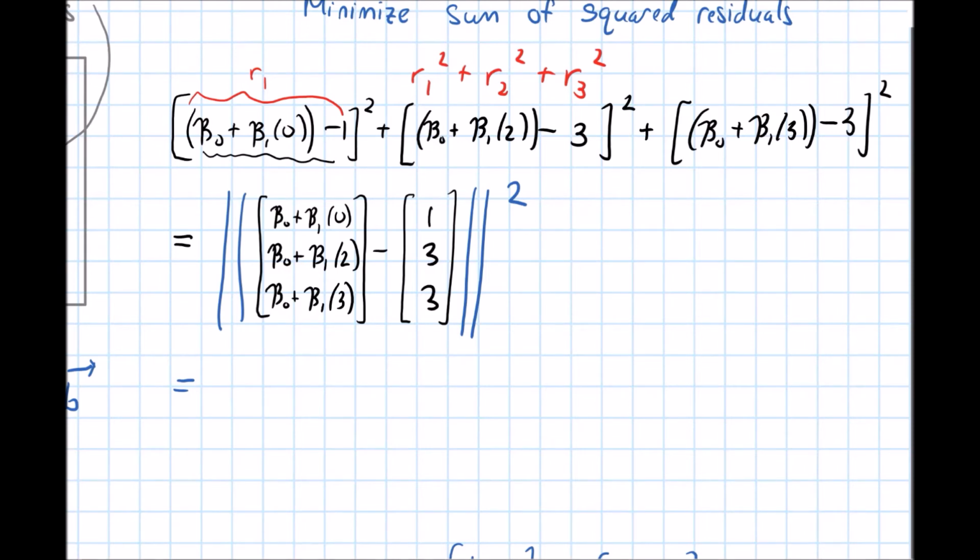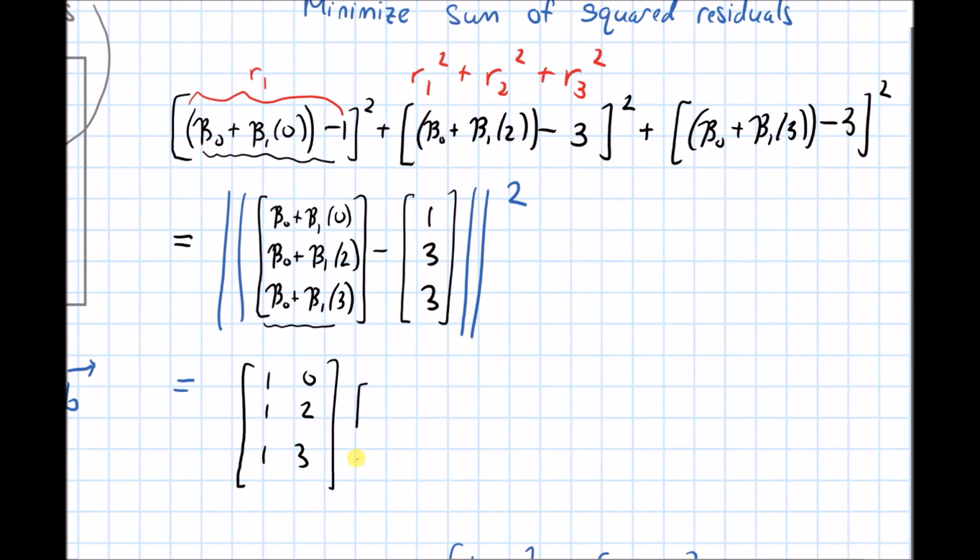All right, so next, we can rewrite this in a matrix format. This will end up being the matrix with columns 1, 1, 1 and 0, 2, 3. We're taking the coefficients of all the B0 terms first, those are all the ones, then the coefficients of the B1 terms, the 0, 2, 3.